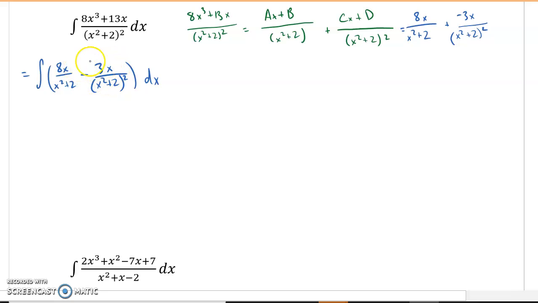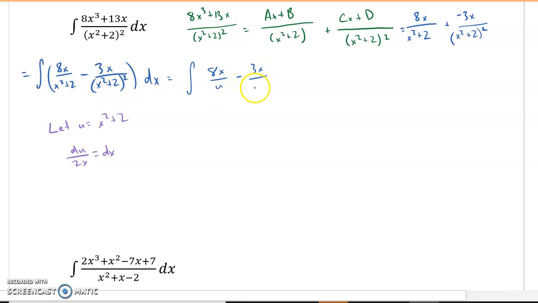Both of the numerators are linear. So the u-substitution process might be an attractive one here. We'll let u equal x squared plus 2, so du over 2x equals dx. Let's save a little time here. So when we do some substitution, we'll replace the x squared plus 2 with a u.